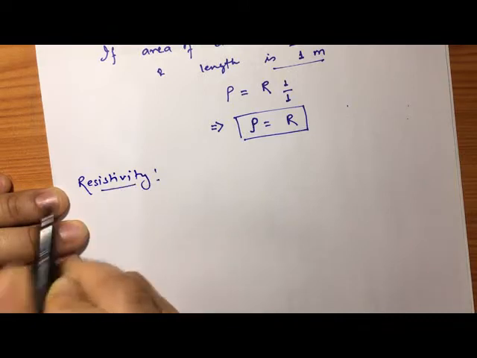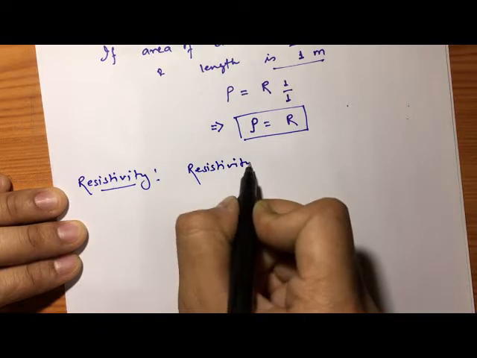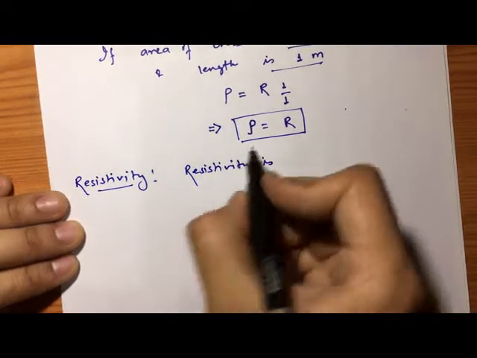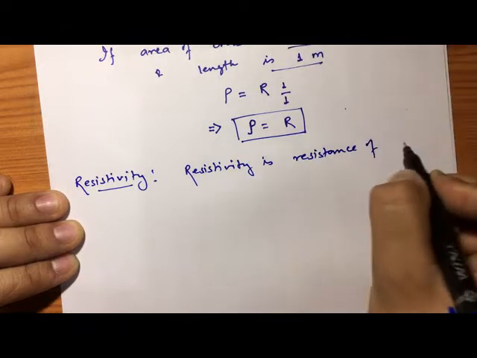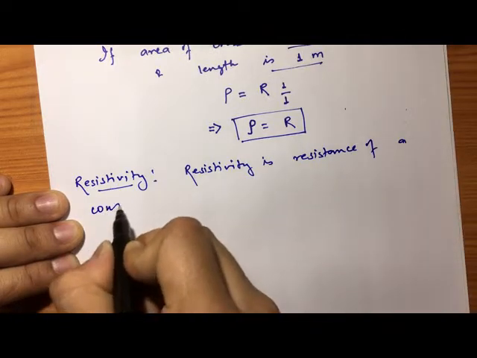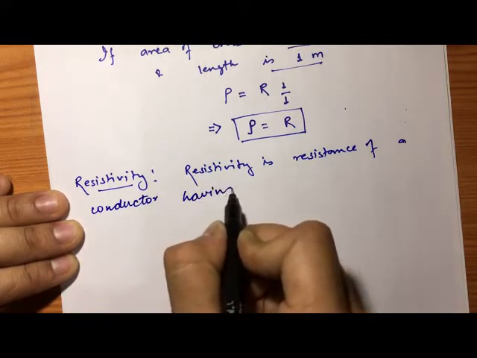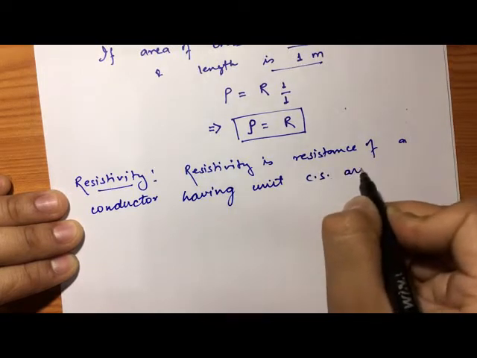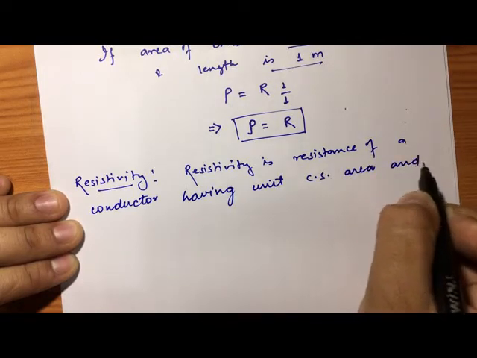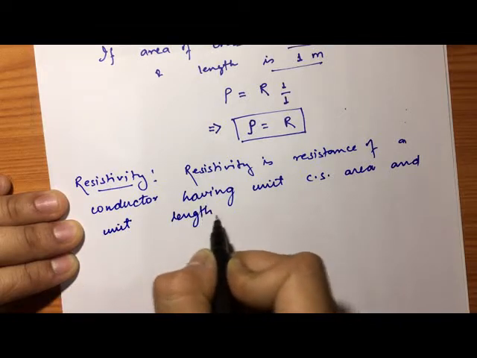Resistivity, what is resistivity? Resistance of a conductor having unit cross sectional area and unit length, okay?